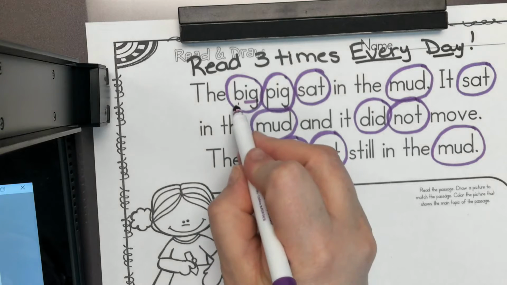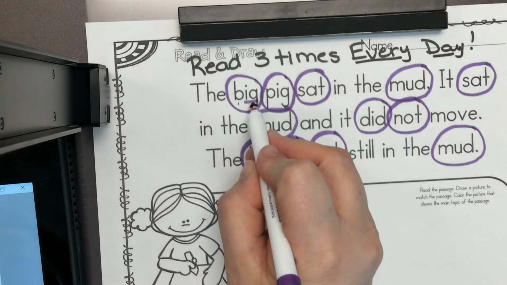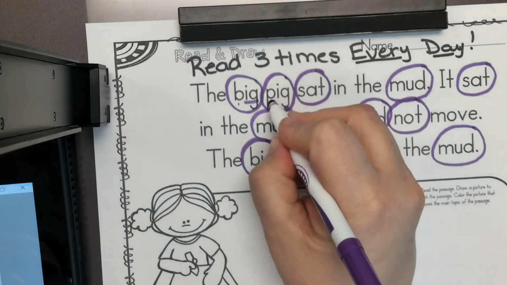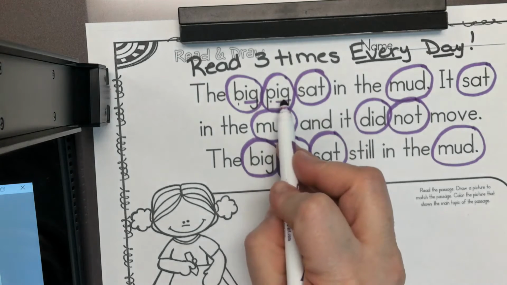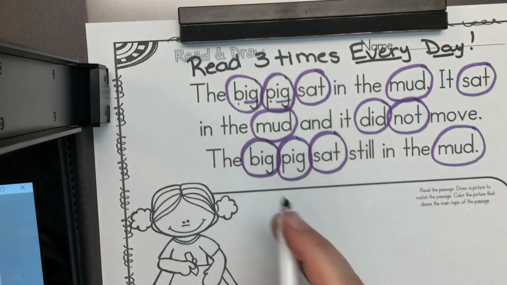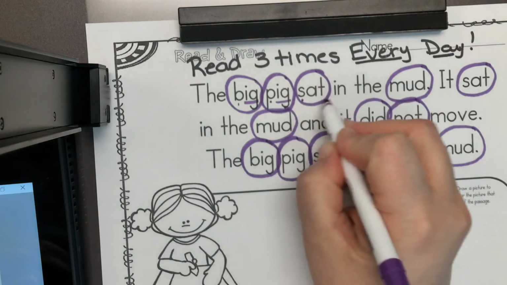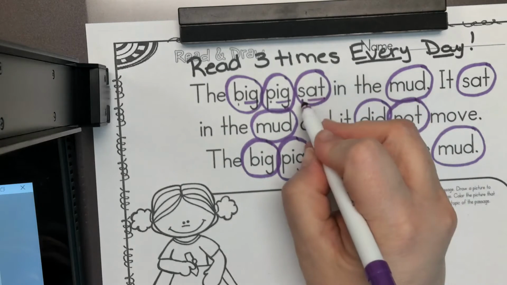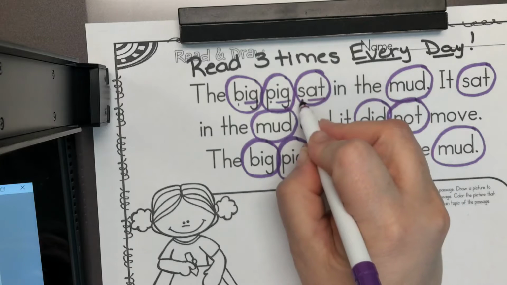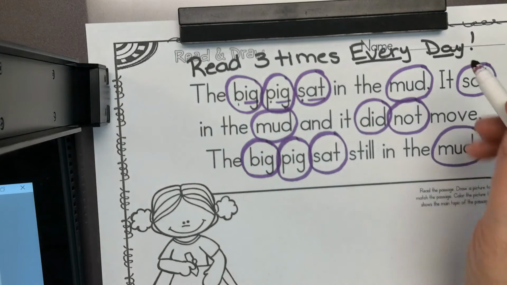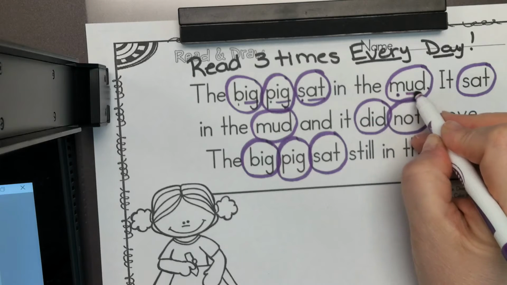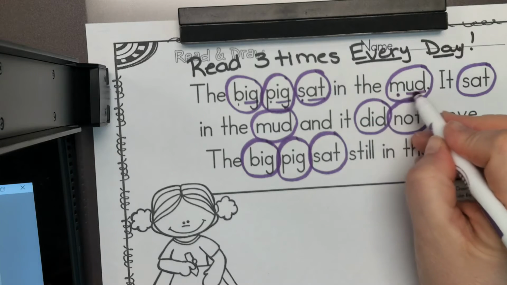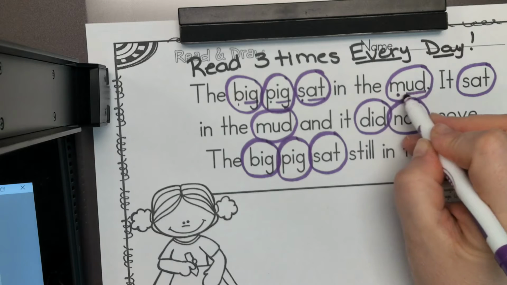B-ig, b-ig, big. P-ig, p-ig, pig. S-at, s-at, sat. M-ud, m-ud, mud.